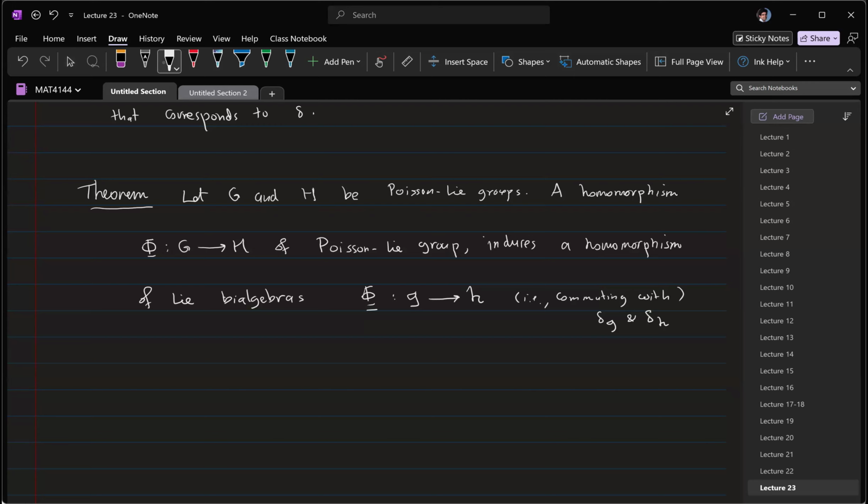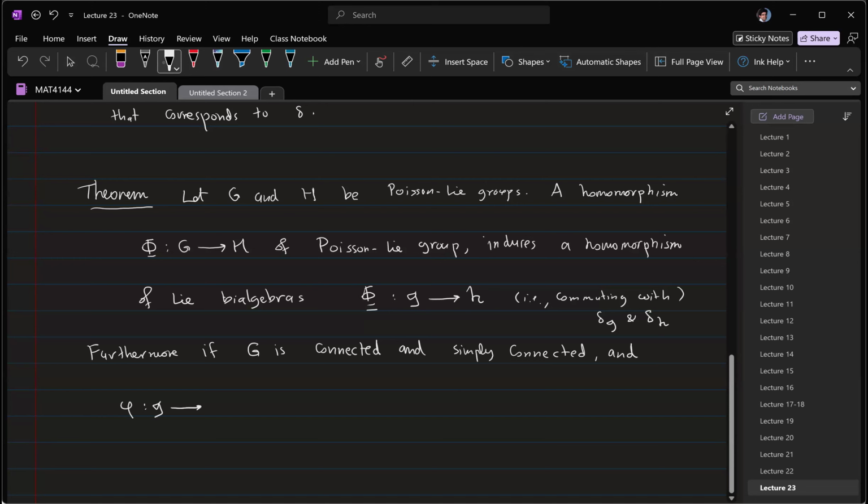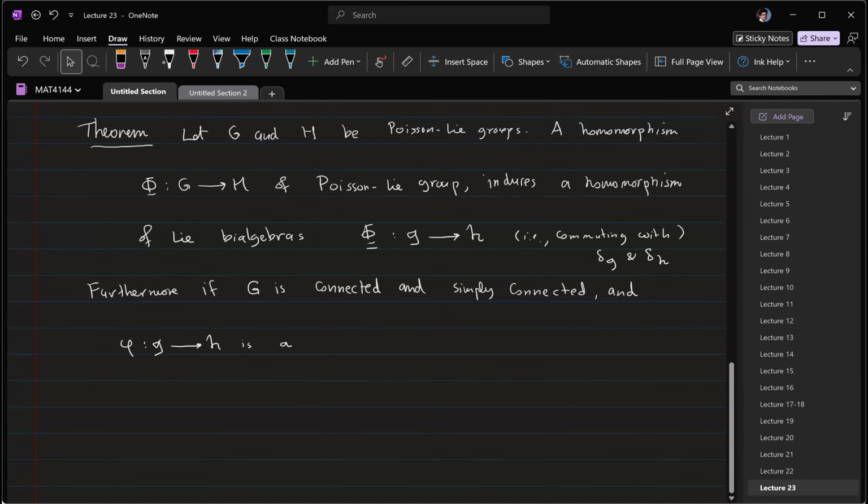In other words, furthermore, if G is connected and simply connected, and phi going from G to H is a Lie bialgebra homomorphism, then there exists a unique Lie group homomorphism, which is also a Poisson-Lie group homomorphism. I mean, which respects the Poisson structure.